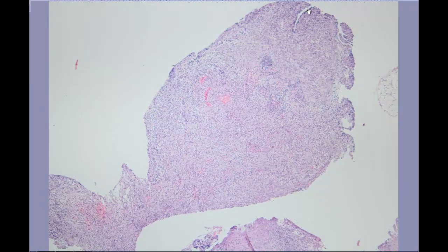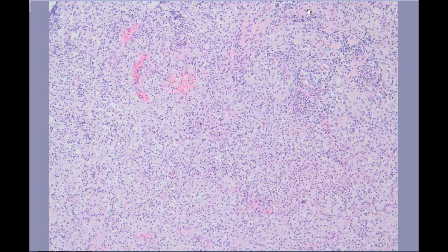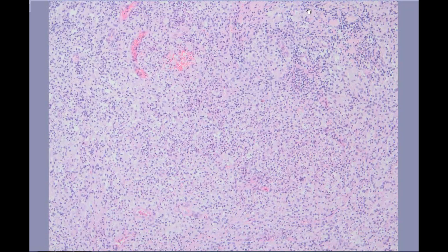And it resembles a histiocytic proliferation, and this is something that we should keep in mind when we encounter a histiocytic proliferation in an infant or a young child.